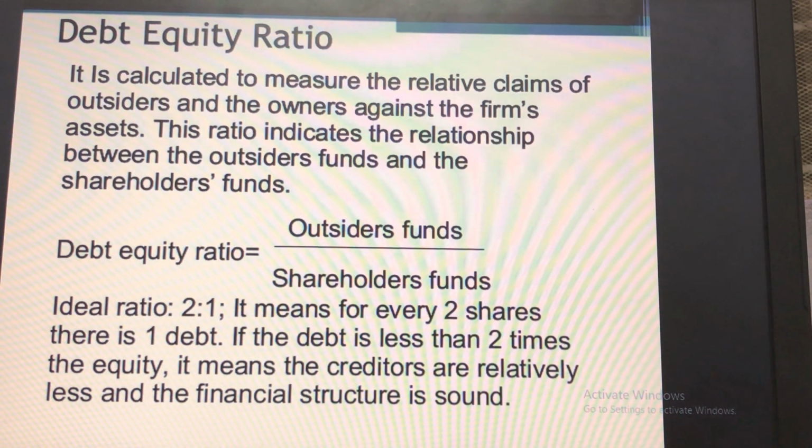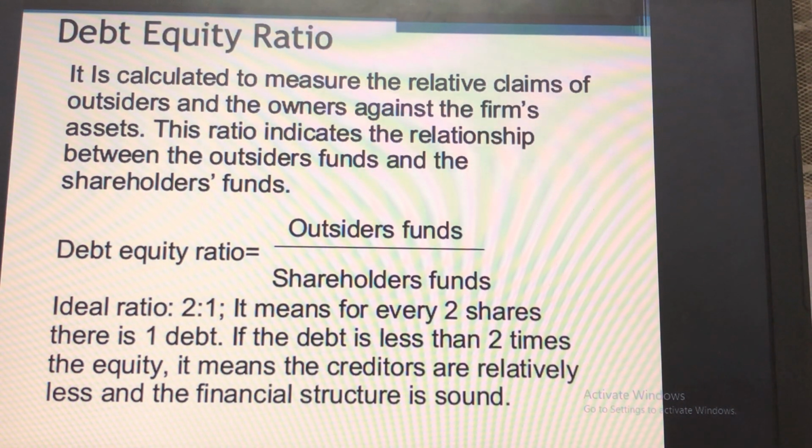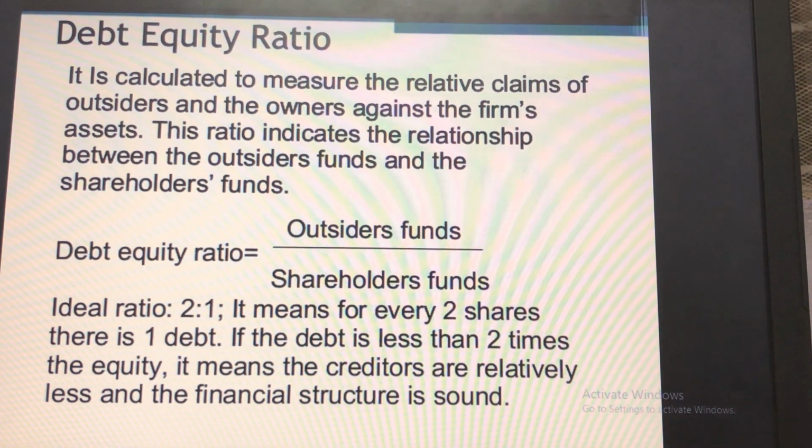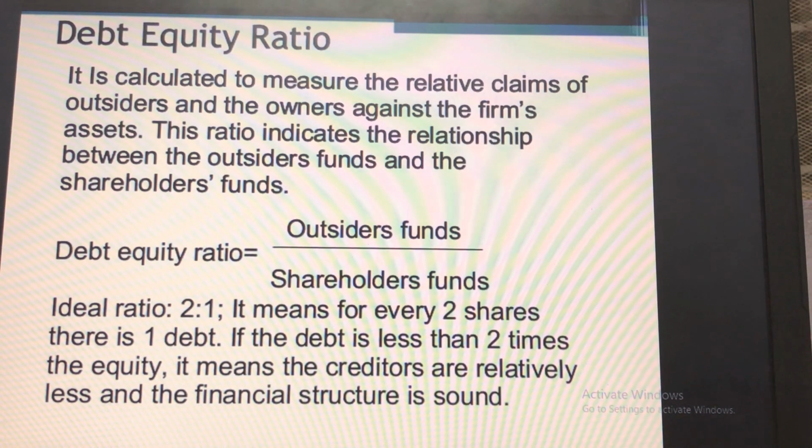Now, debt equity ratio. It is calculated to measure the relative claims of outsiders and the owners against the firm's asset. This ratio indicates the relationship between the outsiders' funds and the shareholder funds. The formula of debt equity ratio is equal to outsiders' funds divided by shareholder funds.